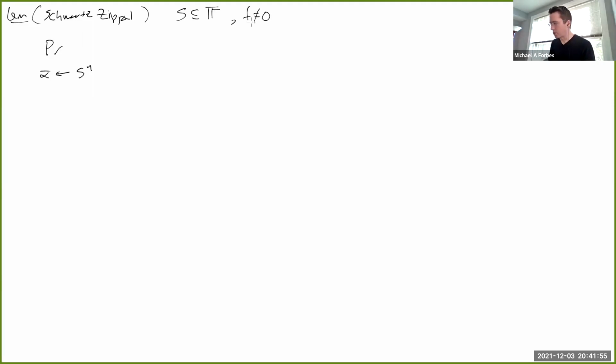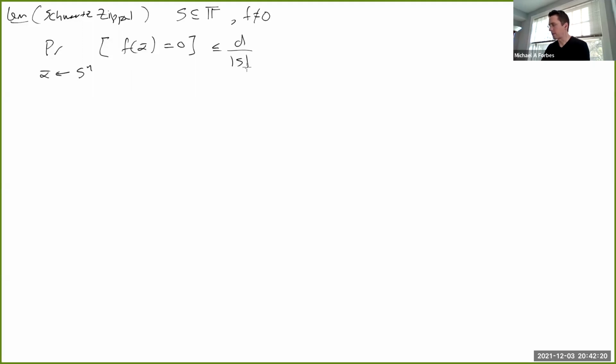And if I choose randomly from this cube, I want to know what's the probability that f at alpha is equal to 0. Okay, so this is a bad event in the sense that f is non-zero, but we're asking what's the probability you evaluate to 0. And this is going to be at most d divided by the size of S. This can be proved by induction on the number of variables, based on the number of roots of a univariate polynomial, for example.